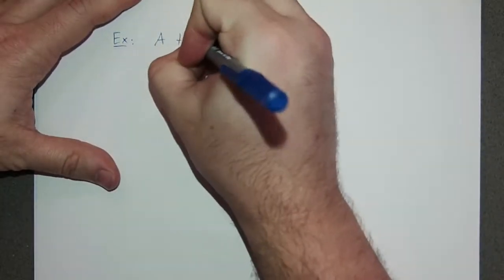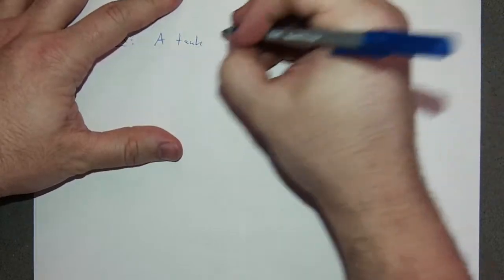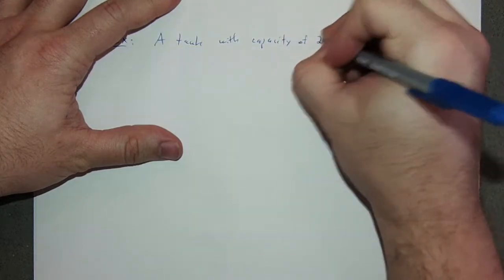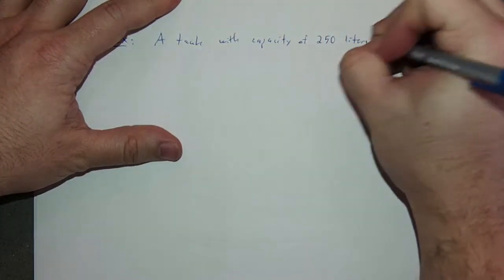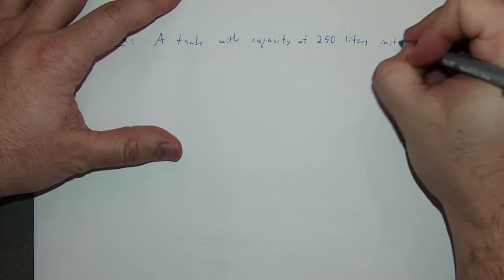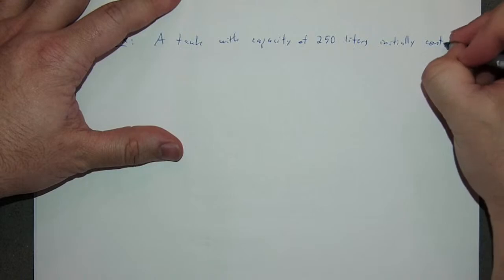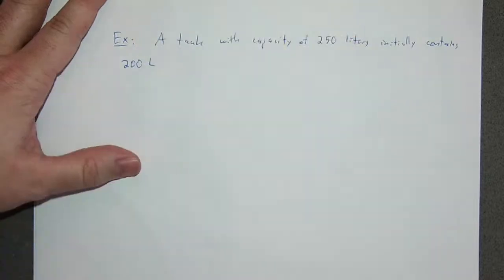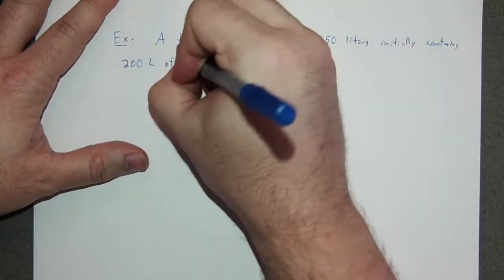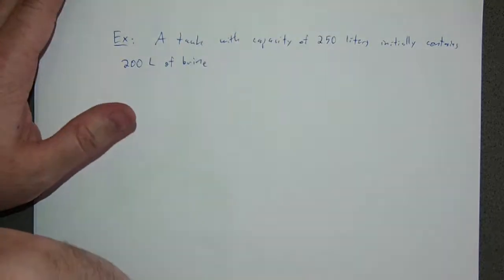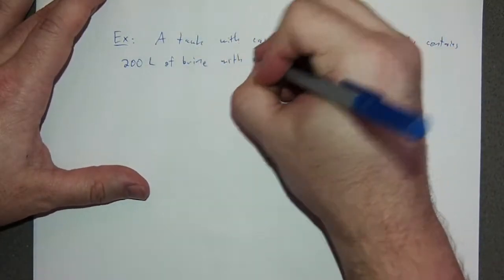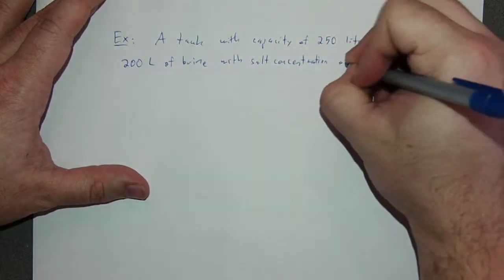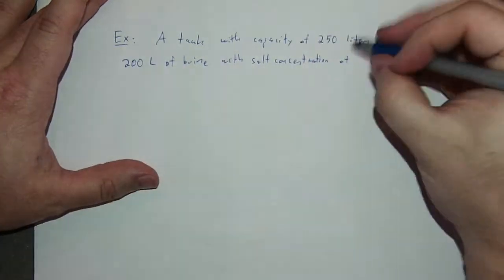So a tank with capacity of 250 liters initially contains 200 liters of brine with a salt concentration of 5 grams per liter.